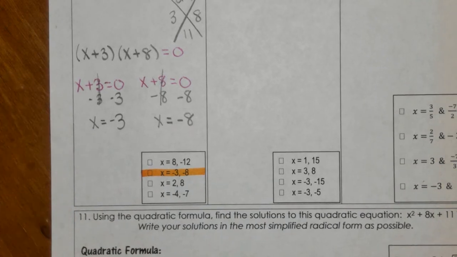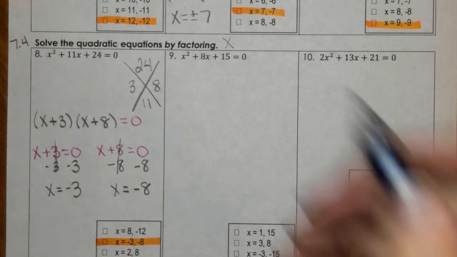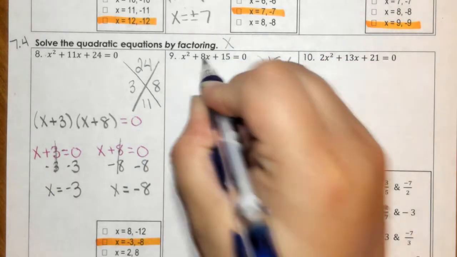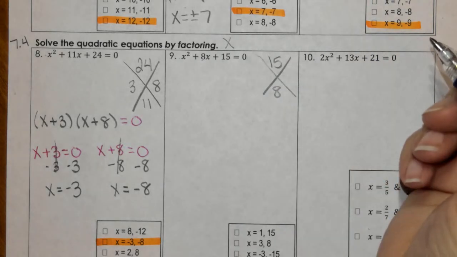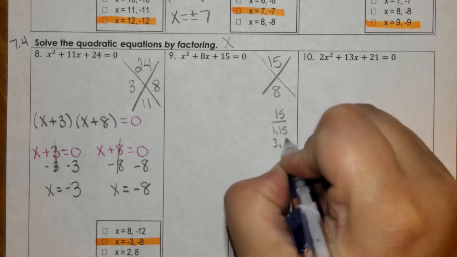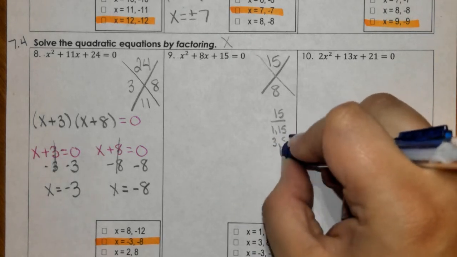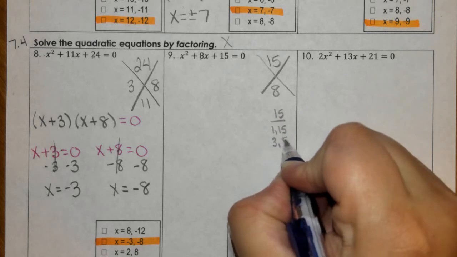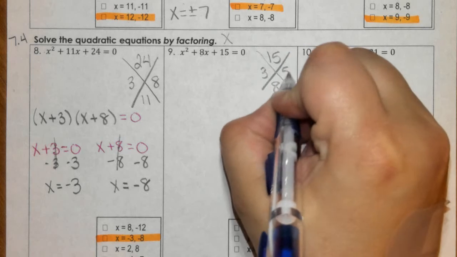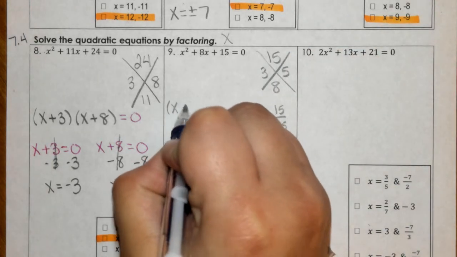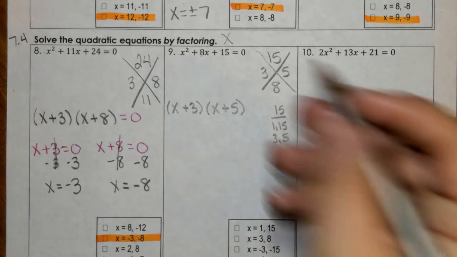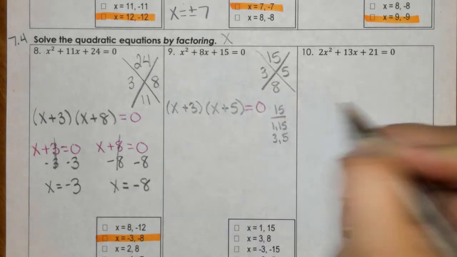In number 9, we're doing x factor again. So 1 times 15 is 15. Trying to get to 8. So on the factor sheet, these are your factors of 15. So 1 times 15, 3 times 5. And 3 and 5 can add to be 8. So I write it in factored form. And then to solve, I set equal to 0.